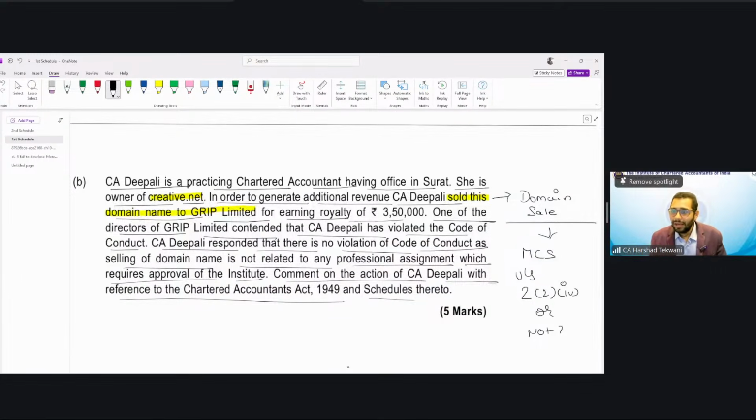Does the domain sale require a separate specific approval from the council, or will you call this a management consultancy service only, because she was owning a domain, she sold that domain, and now she's earning royalty? Quickly.